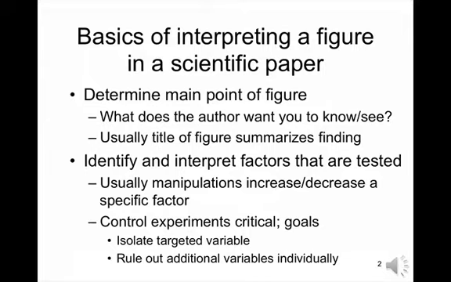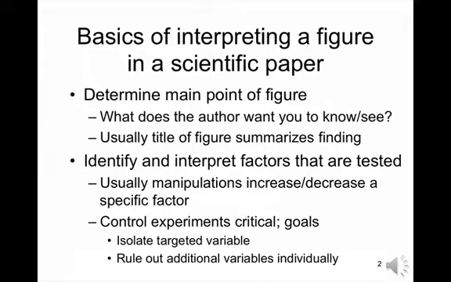The goal of a control experiment is twofold. It's mainly to isolate the targeted variable. Something happens because of a specific factor. And the controls also rule out additional variables individually. This thing happens because of this factor and not because of X, Y, and Z other factors.